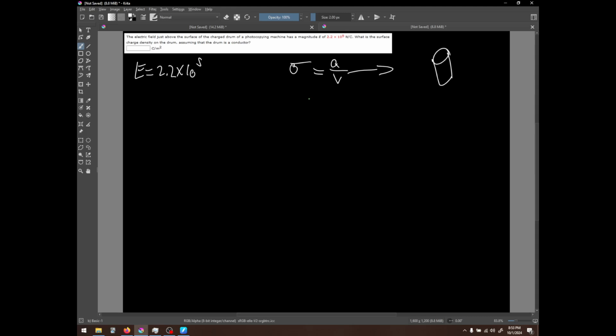And we know, boy, E equals QD, right? No, P equals QD. Goodness. Surface charge density.